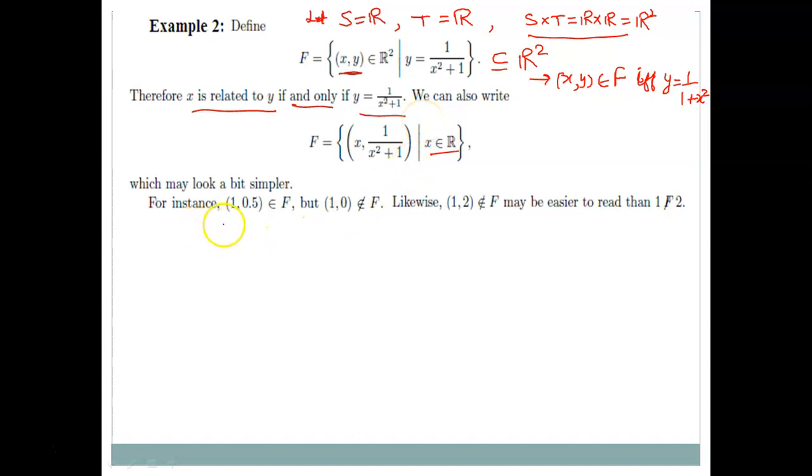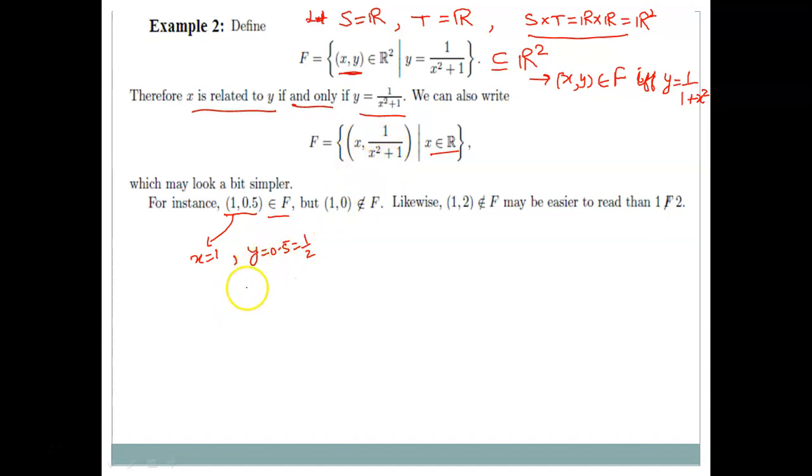Now let us check here. For instance, this pair (1, 0.5) belongs to F. Why does this belong to F? You see here x is 1 and y is 0.5. 0.5 means you can say this is 1 by 2. Now what is the condition here?